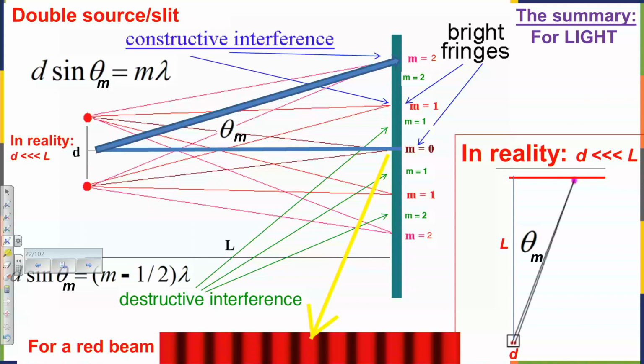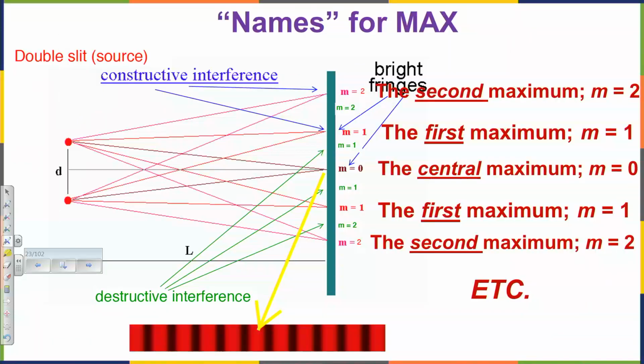Another way of the summary with the picture. Again, this is a gross exaggeration, very, very gross, like billions of times exaggeration. In reality, they're very close to each other. And, well, that's the terminology part.